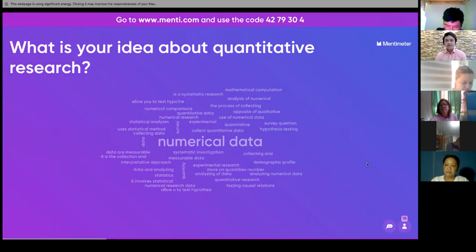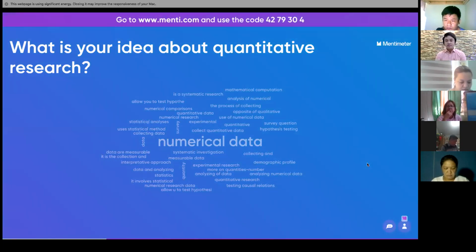Anyway, it's very obvious that majority of you already have a knowledge of what quantitative research designs means, no? And when you see quantitative analysis or quantitative research, this is a kind of research that would require, of course, as the term implies, would always require number, quantity.